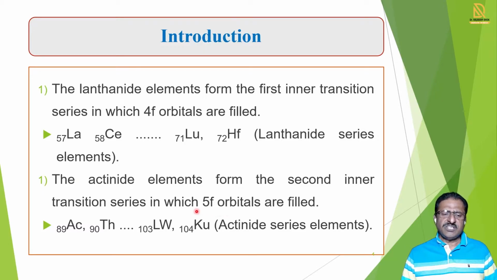This series starts from actinium, atomic number 89, and the next element, atomic number 90, is thorium. From thorium the series actually starts, and the last element is atomic number 103, lawrencium. After that, the D block element with atomic number 104 follows. So these are the elements at the start and end of the series.